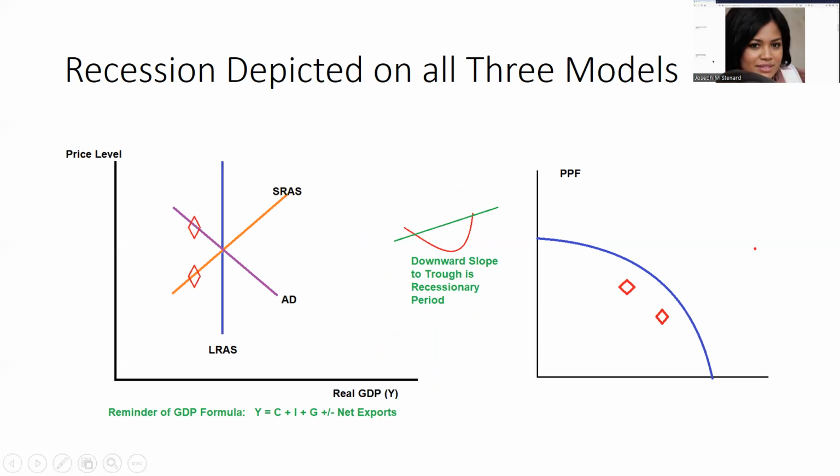The way we show that sickness is to show production levels at one of these red diamonds, either one or the other, depending on what caused it, whether it was a decrease in supply or demand. But it's to the left of the long run aggregate supply curve, showing that we're in a recessionary gap.